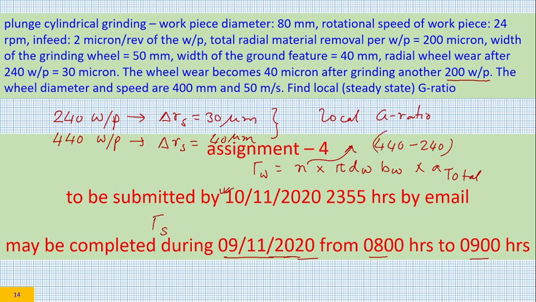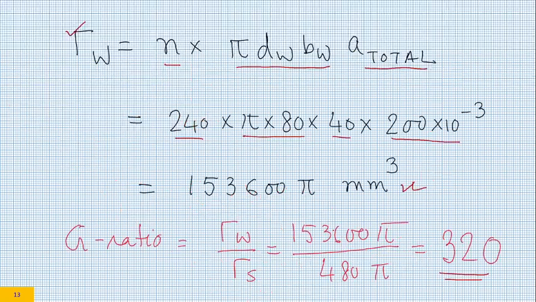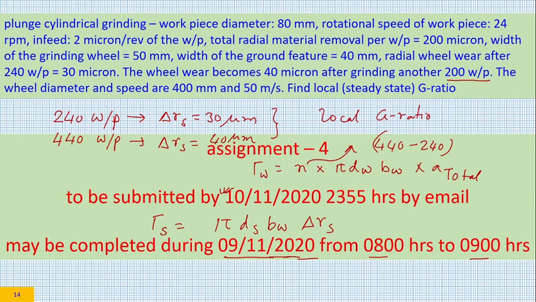Gamma S we have calculated as pi ds bw into delta RS. Let us check it. Pi ds BW into delta RS. Now this delta RS would be 50 minus 50, is it 50? No, it is 40. 40 minus 30 micron, so into 10 to the power minus 3.